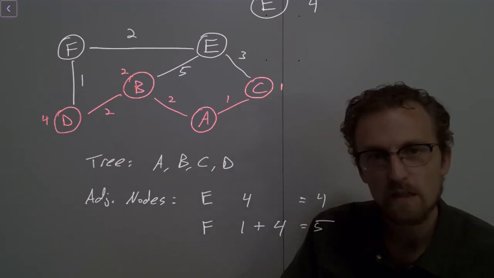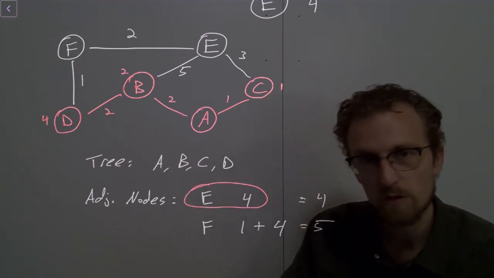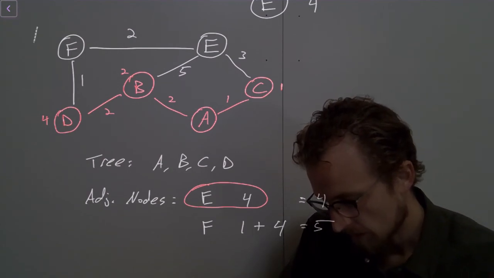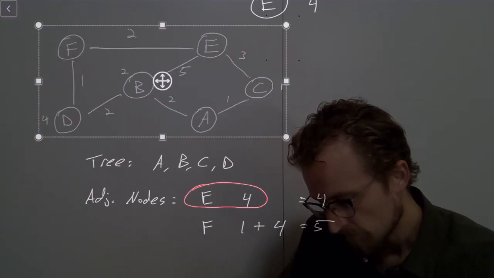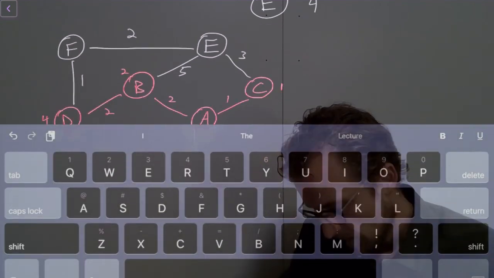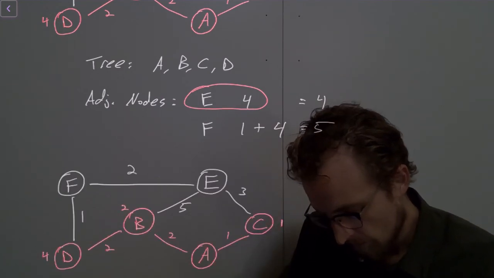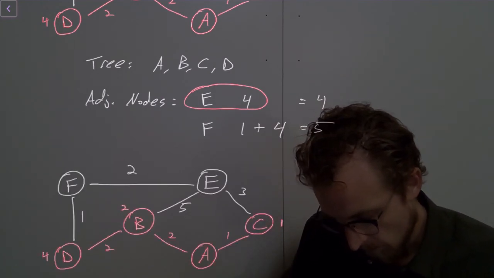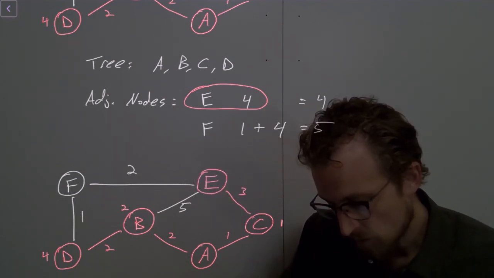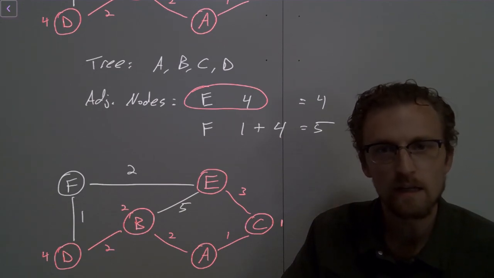So our next step is going to be to add E, because it's the one that increases the shortest path by the least. So we add E into the tree. Okay, so our next plan is to add E. We have to be careful about which edge we add with E, right? We don't just add all the edges that E gives us.